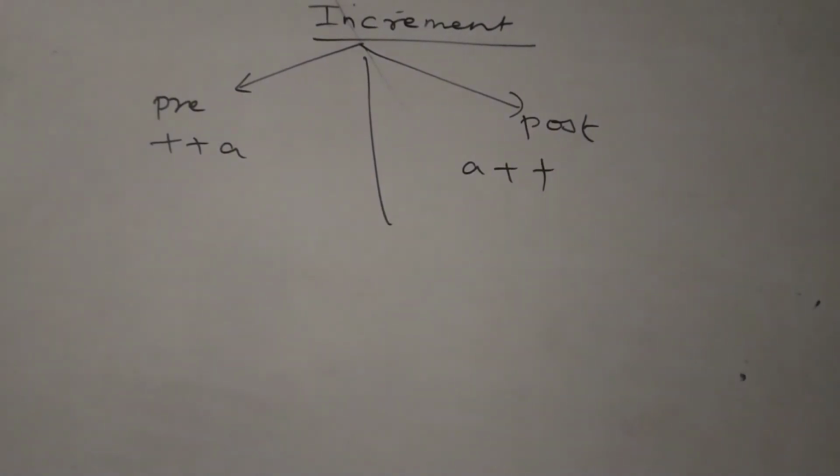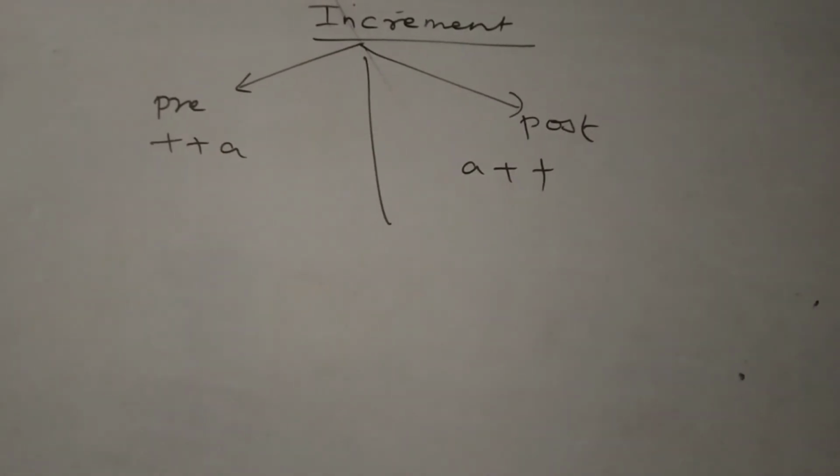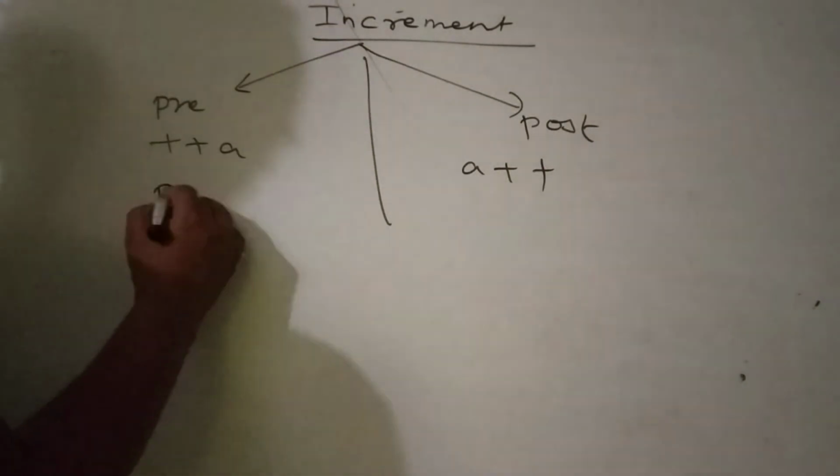Increment is of two types. One is known as pre-increment and the other one is known as post-increment. Clear? So what is the rule for pre?